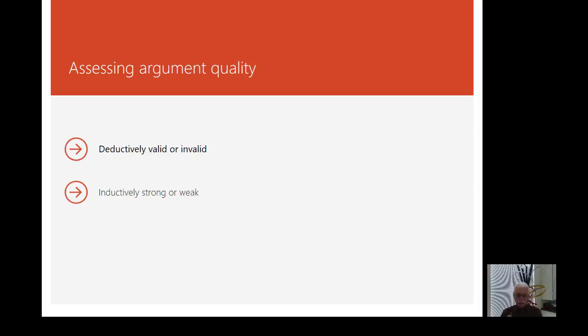But because of this idea of squeezing the conclusion out of the premises, the success or quality of deductive arguments often turns on using definitions and more rigorous rules, as we're going to see. Now, what do we mean by rules? Well, let's take a peek.